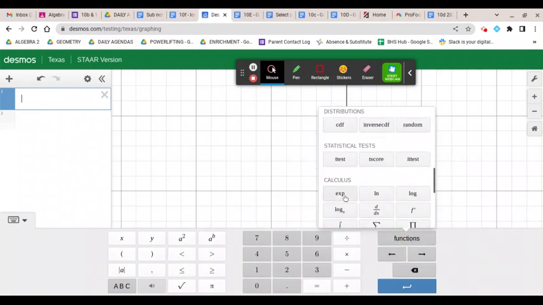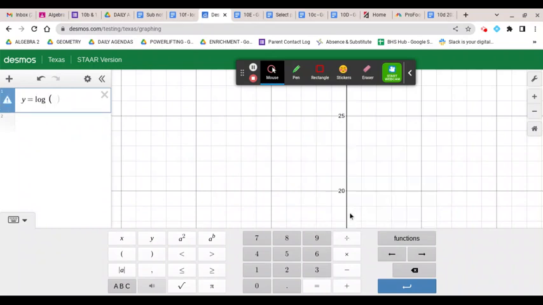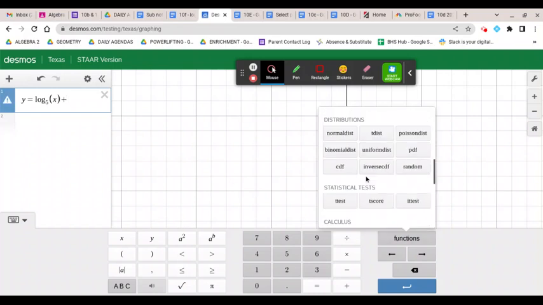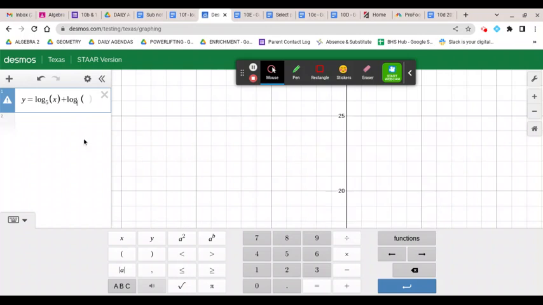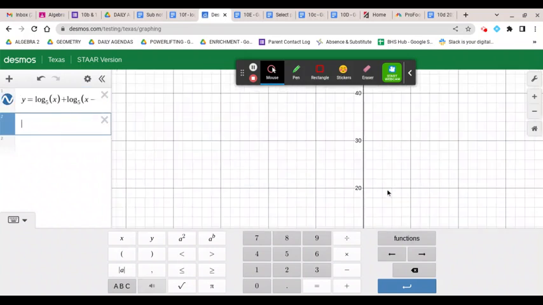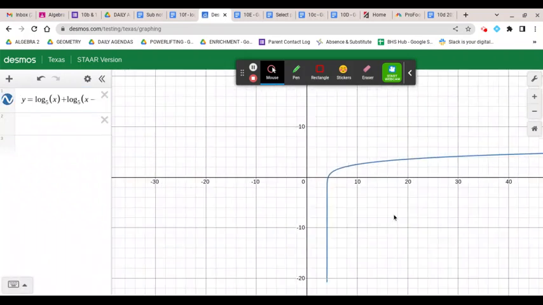Okay. So if we were to graph this thing here, y equals log base 5 of x plus log base 5 of x minus 4. There's our graph here.